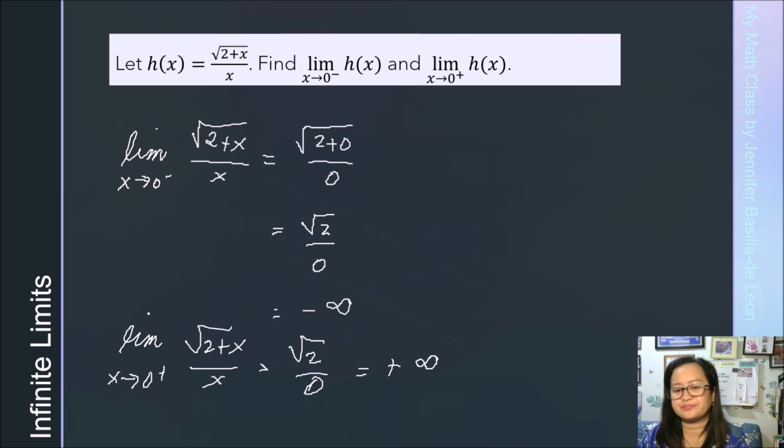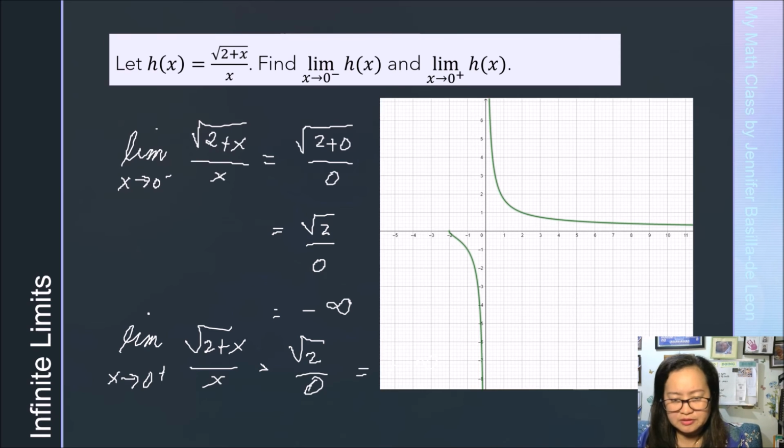Okay, let's take a look using the graph. If we have negative values, so that would be this. Our answer is negative infinity. So take note, the function decreases without bound.